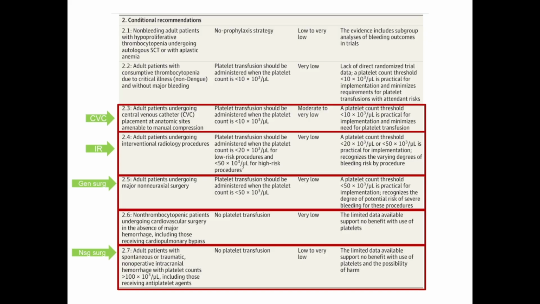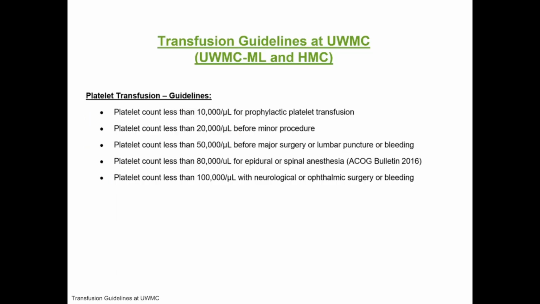In adults with either neurotrauma or neurosurgery patients, or when neurosurgery is going to do a procedure on them, the platelet count should be greater than 100,000. This is just a screenshot from our transfusion guidelines at UWMC.